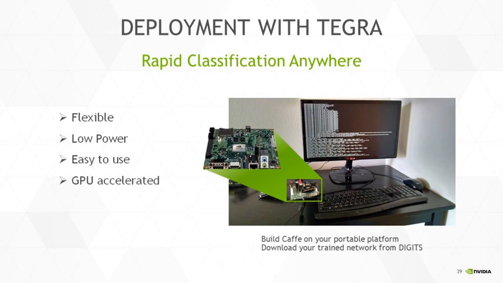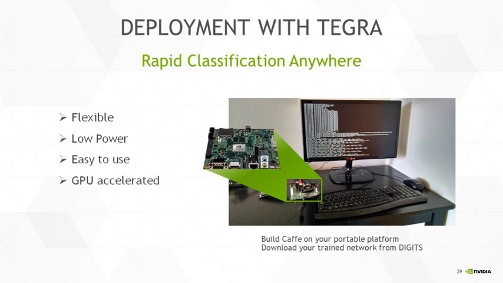So I thought I'd have a slide in here that just talks about the Jetson, because I tested my trained neural networks on the Jetson, and it's flexible. It's a low-power device. It's easy to use and GPU accelerated. So the only thing to think about here is once you deploy your neural network, remember you need to build your framework on the Jetson so that it can use those network files.